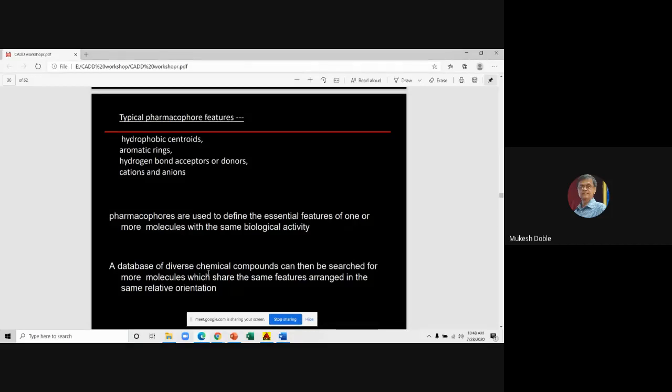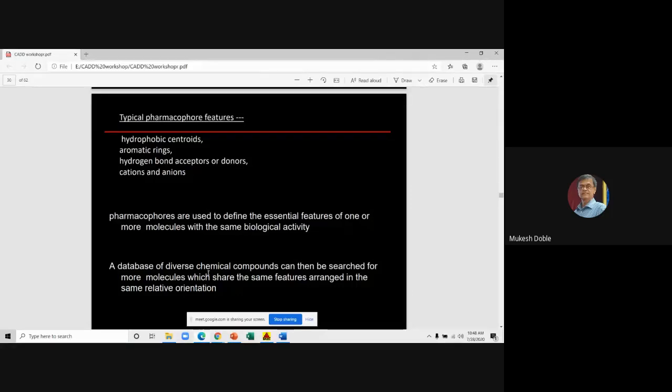Initially, I start with a set of molecules which are known for some activity. I will superimpose their conformations and see what are the common features: hydrophobic groups, aromatic rings, donors, acceptors, cations, or anions, and then I identify those features.